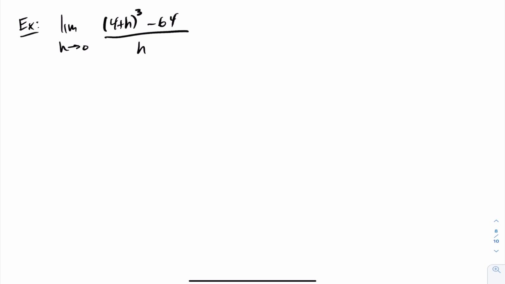So we have some factoring techniques we have to use. Taking a look at the top here, we've got a difference of cubes I could set up. So this will be equal to the limit as h goes to 0 of 4 plus h cubed minus 4 cubed over h.